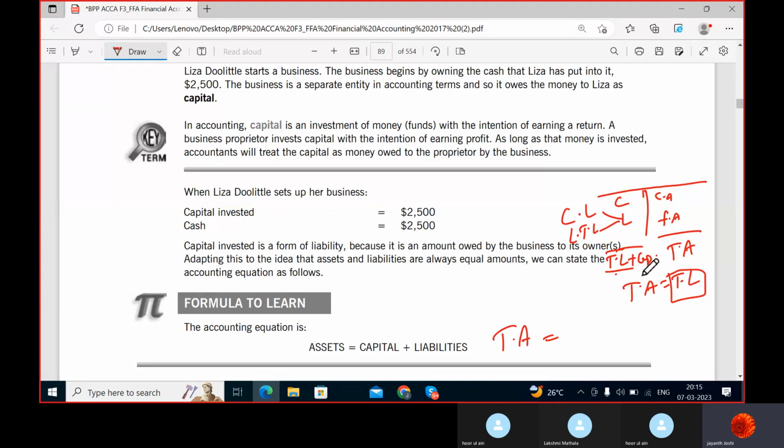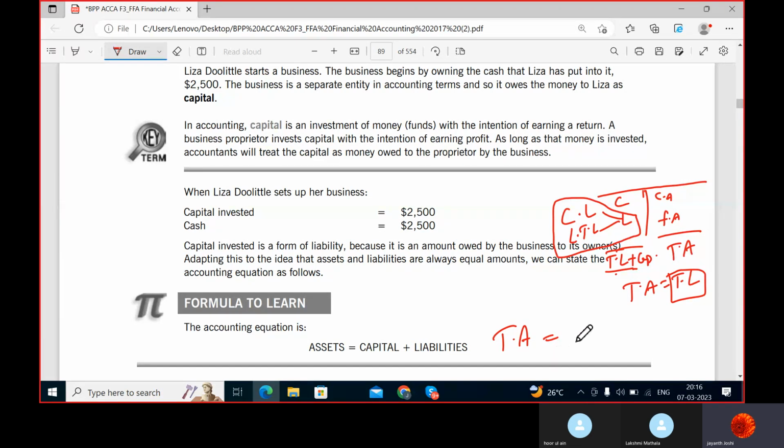It is total of liability plus capital, whereby total of liability means current liability and long-term liability. So I'm taking total of this liability and also capital. And when I'm seeing the total, that is equal to total of assets. That is what we know.